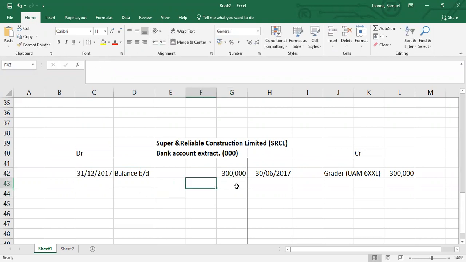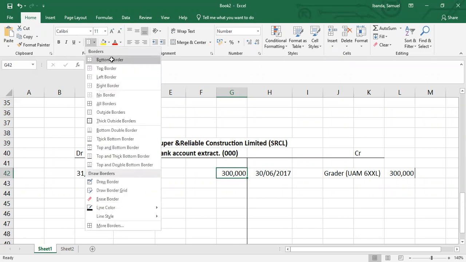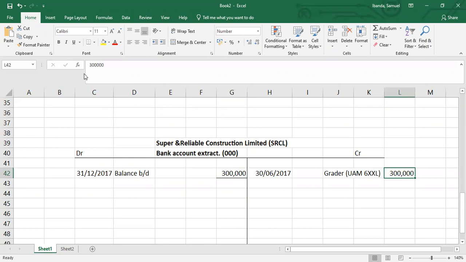Okay, so I can have my total here. That is my total.